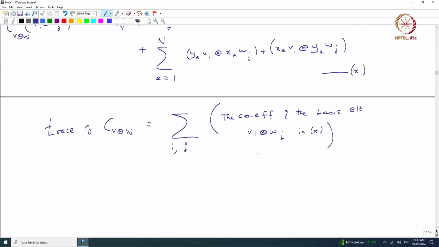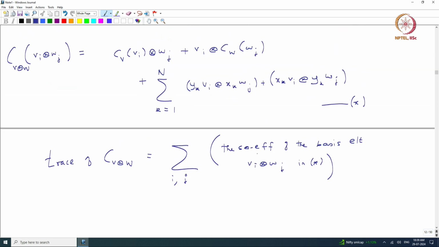If you take this expression, because this is the basis that corresponds to the tensor, then for each j you are going to get the term corresponding to Cv of Vi.